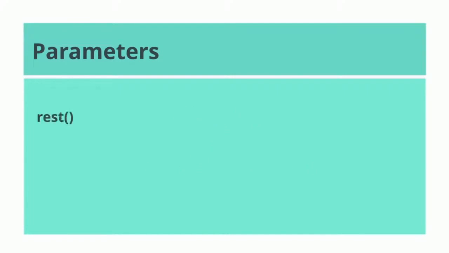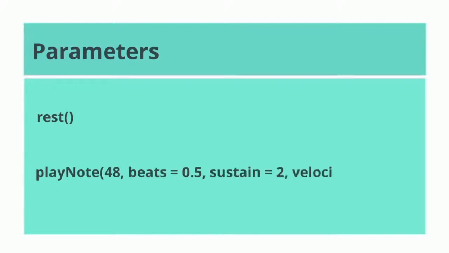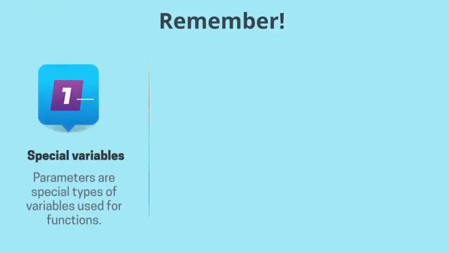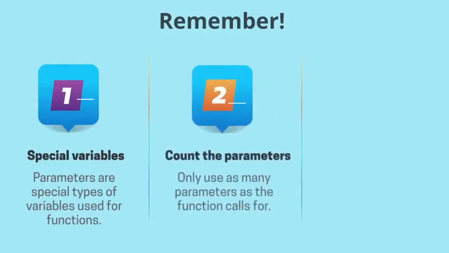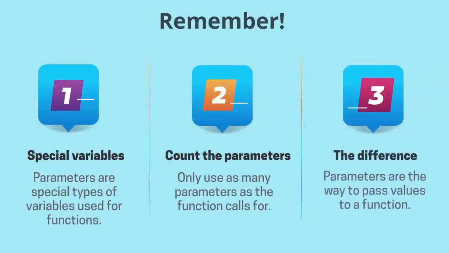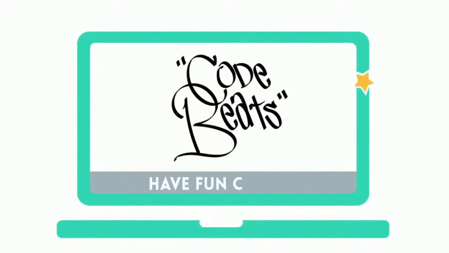Not all functions use parameters, but some use many. It all depends on what the method is doing. Remember these 3 things. Parameters are special types of variables used for functions. Only use as many parameters as the function calls for. Parameters are the way to pass values to a function. Have fun coding!